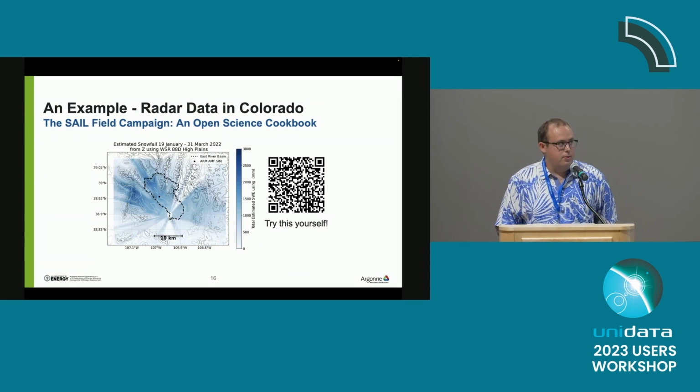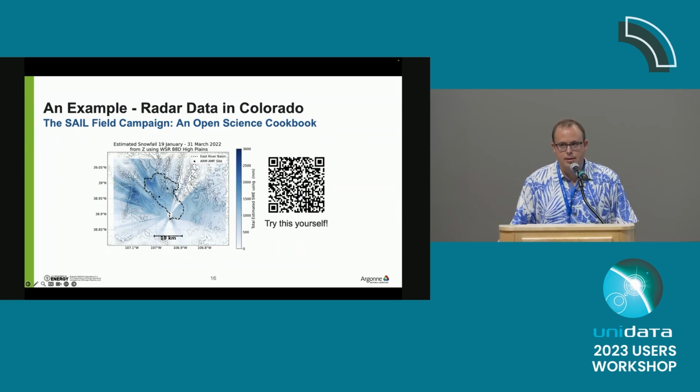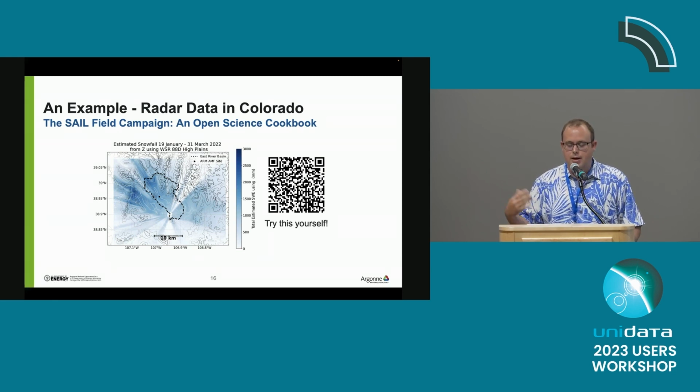So that was one example of working with radar data from the SAIL field campaign. This is an example of one of the data products that we worked on. This is estimating snowfall liquid equivalent from some of this radar data.